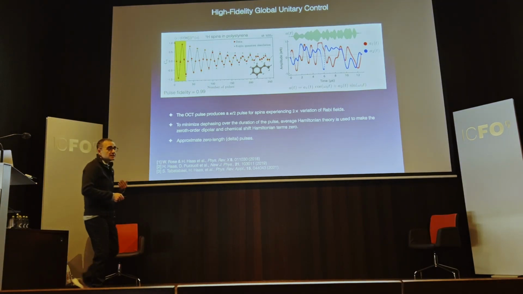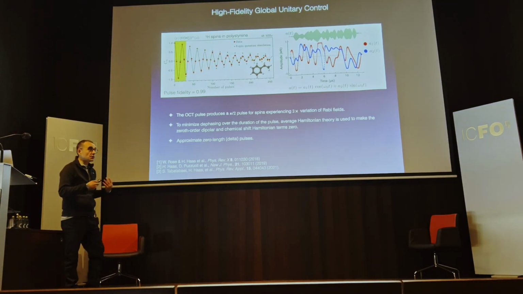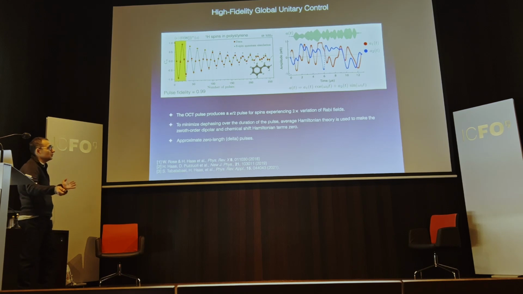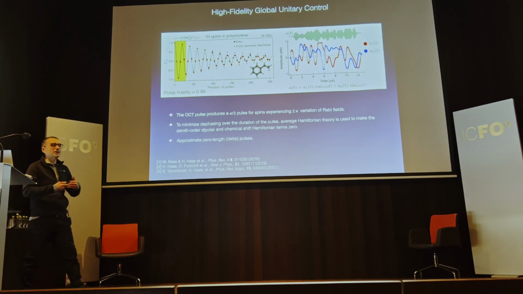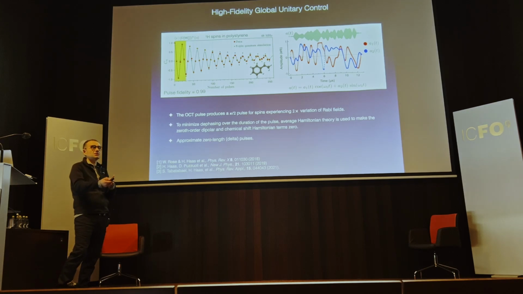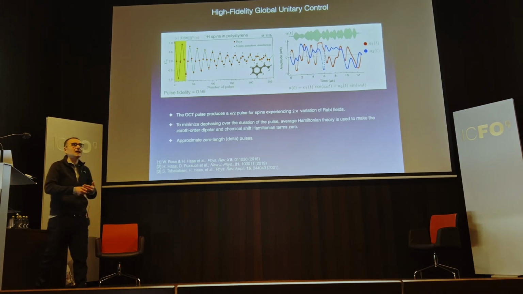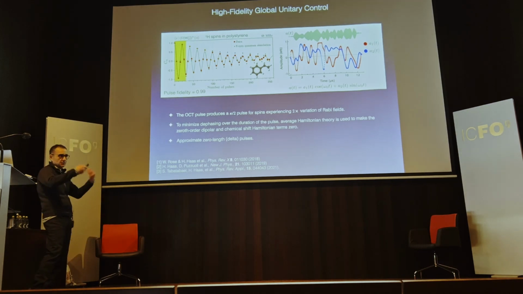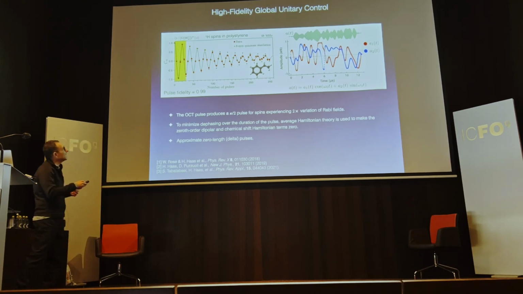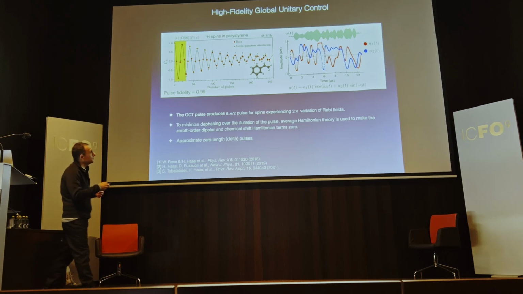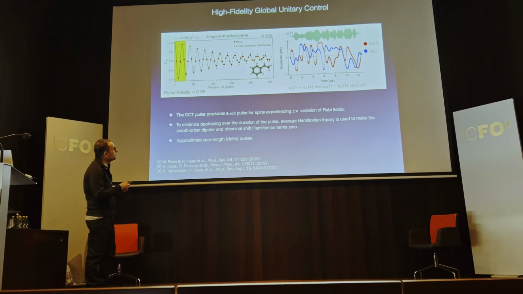The other thing we need is very good unitary control for global control, where we have to apply some NMR sequence. We need global unitaries. We have a very large magnetic field gradient coming from the constriction, so applying hard pulses is not good, right? Because you cannot apply the same unitary to all the spins in your ensemble. So what we came up with are these optimal control theory pulses.